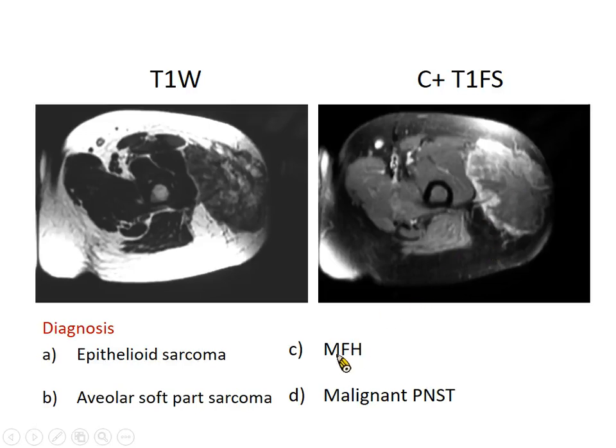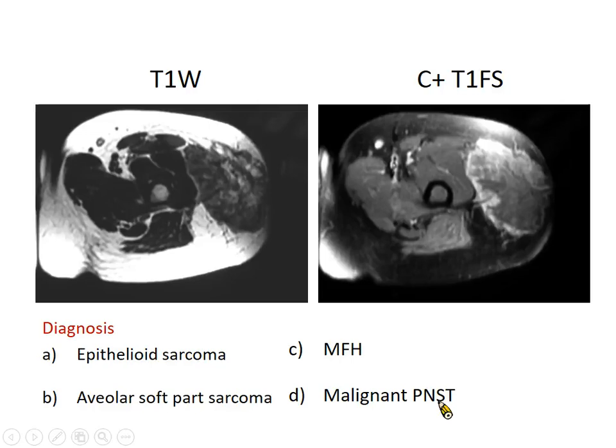In terms of malignant fibrous histiocytoma, usually contains of three components: the hemorrhage, the tumor, the NC ratio is high, and also the hemorrhage. And for the malignant peripheral nerve sheath tumor, because of nerve containing, usually we can see the fascicular sign.